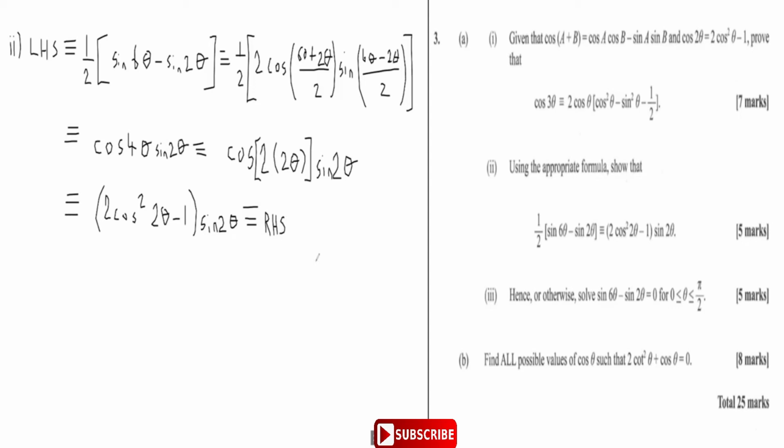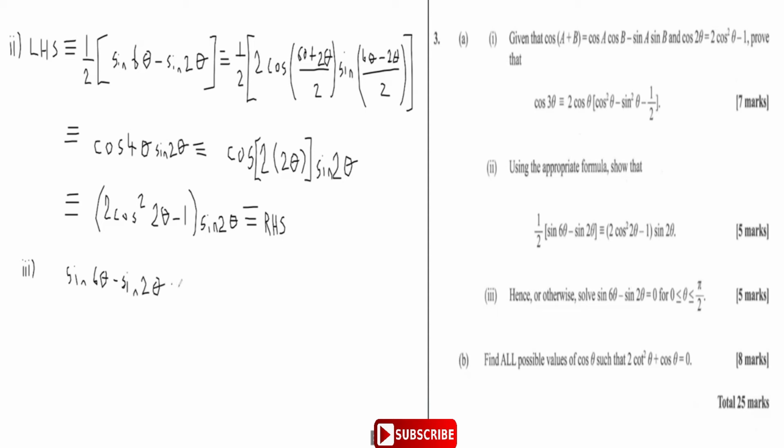Now the question says, hence or otherwise, solve sine 6 theta minus sine 2 theta equals 0. So that's part 3. Part 3 says hence or otherwise. We're going with hence. It wants us to solve sine 6 theta minus sine 2 theta equal to 0.